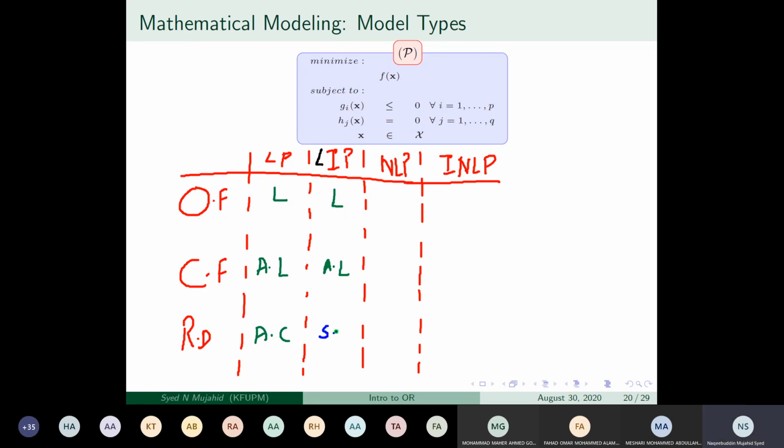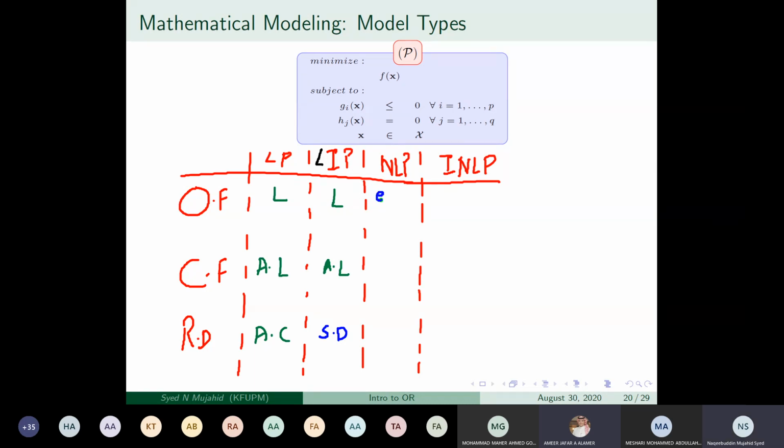Okay, how about NLP? What makes a mathematical model a nonlinear programming problem? Yes, Amir. Either nonlinear or linear in the objective function, and some nonlinear constraint, and all should be continuous in restriction domain.